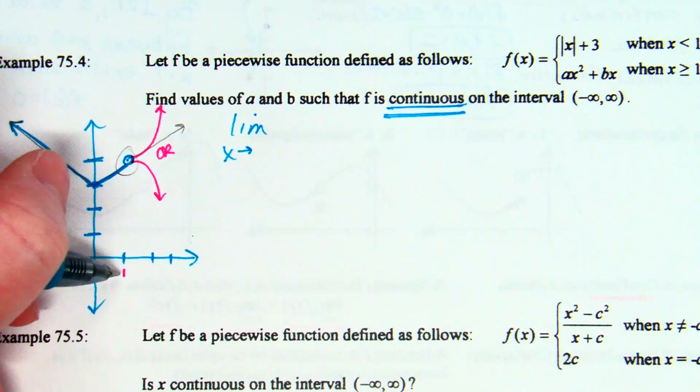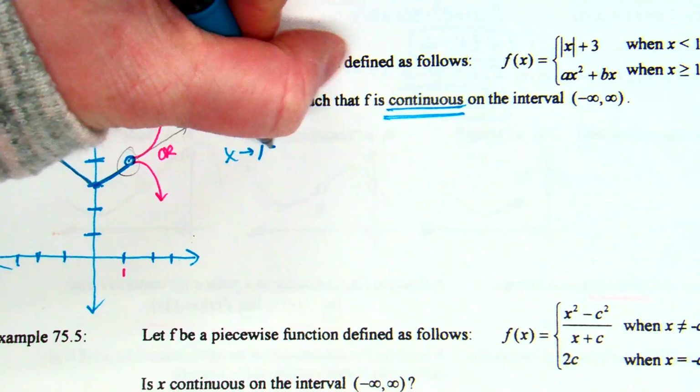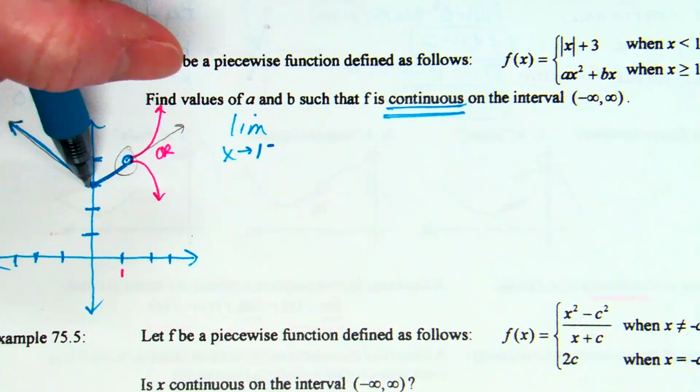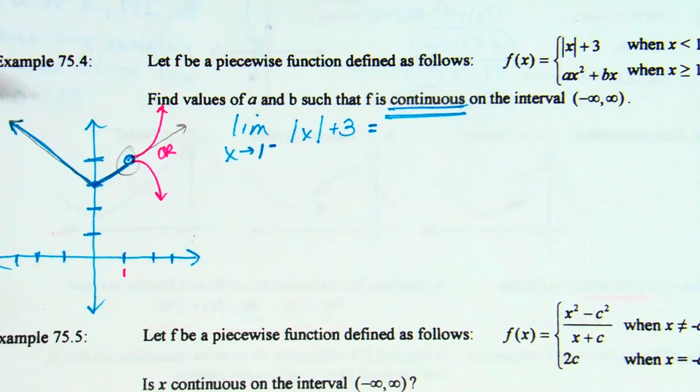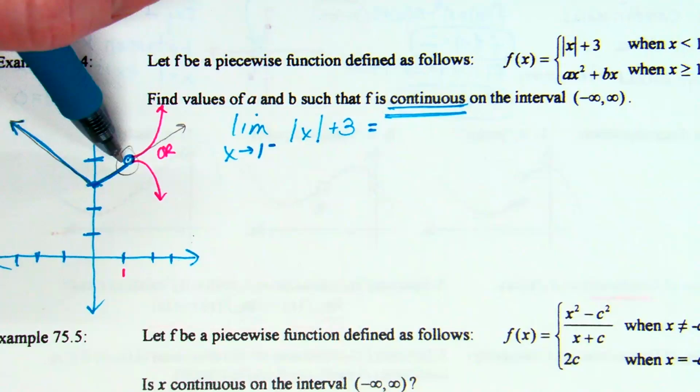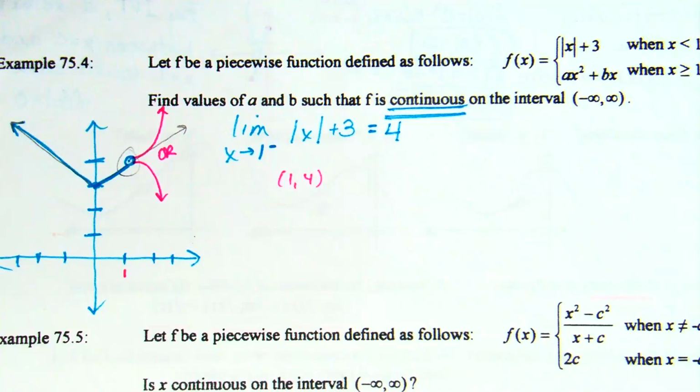As x approaches 1 from the left. Well, which part of the graph are we talking about? When x approaches 1 from the left, we're on the absolute value v, yes? So what is the limit there? As we follow this v and as x approaches 1, what y value is that going to be equal to? 4, because on absolute value v, my graph goes up 1 over 1. If it helps, basically think that is the ordered pair 1, 4, yes?